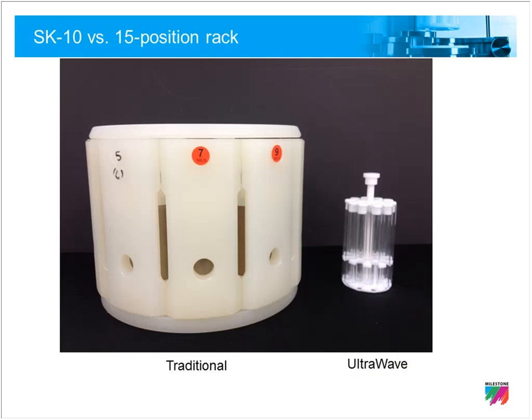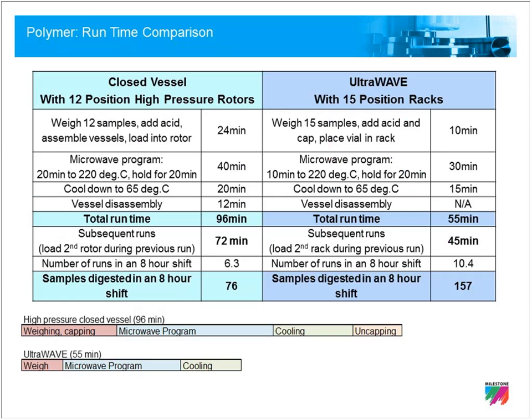From a size standpoint, here's a traditional rotor, this is actually our 10-position high pressure rotor called the SK10. Again, from how easy it would be to handle, this is a 15-position UltraWave rack. Also, as I mentioned, from a consumables cost standpoint, as you can imagine, the UltraWave rack is considerably less than a standard microwave rotor. So it's easy to use.